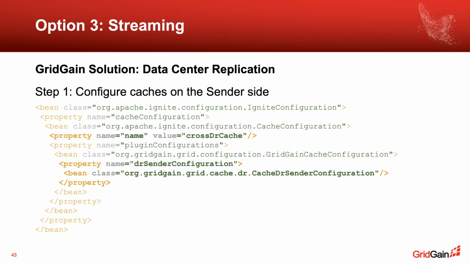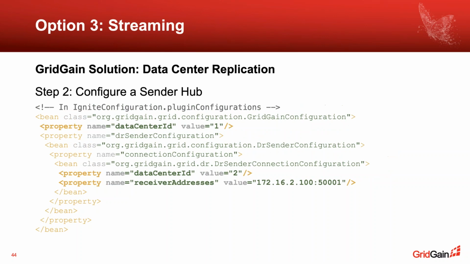This has a bunch of parameters, but for the basic case, we just need to set it to any non-null value so that that cache will be attempted to be replicated. Step 2 is configuring a sender hub. A sender hub is a node. It can be a dedicated node or an existing node in your primary data center, which is responsible for collecting updates from all other nodes and sending the updates to the replica, to the secondary data center.